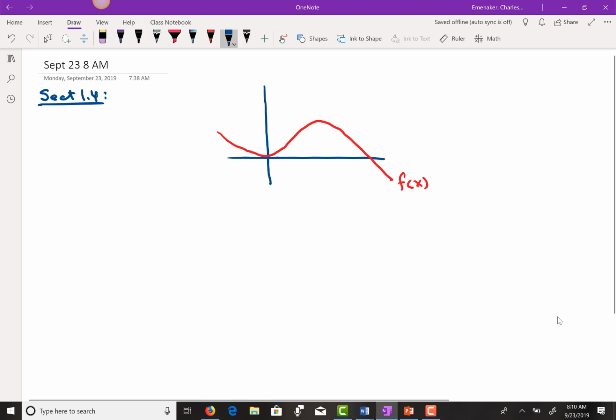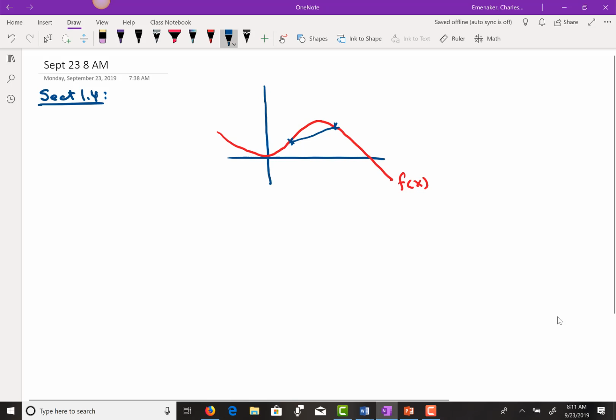When we're doing average rate of change, we might have a point over here that we're interested in. To get the average rate of change, you choose a second point. We might start over here, and the average rate of change is the slope of the line segment formed by those 2 points.